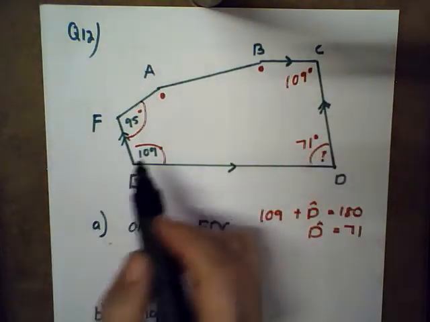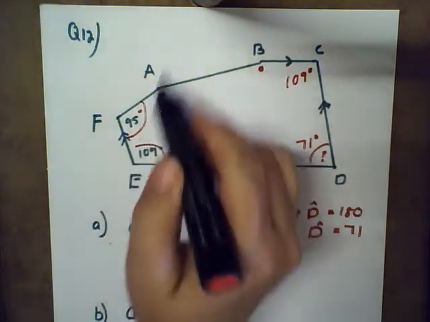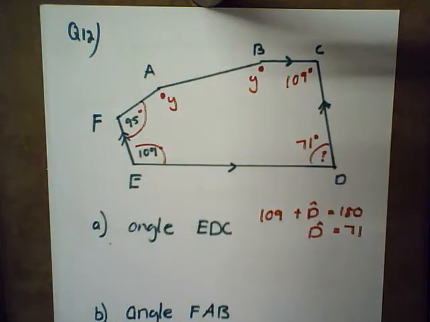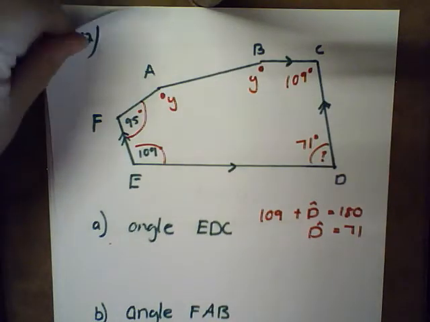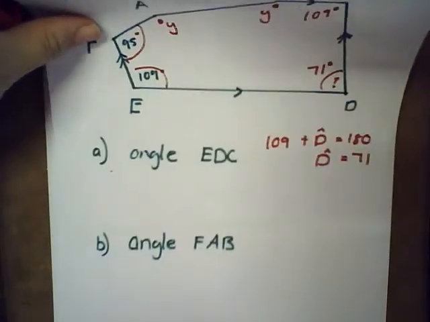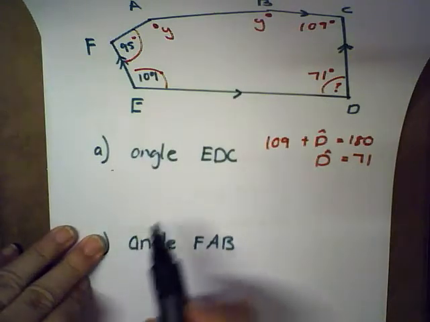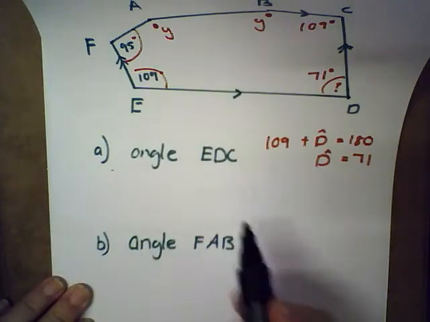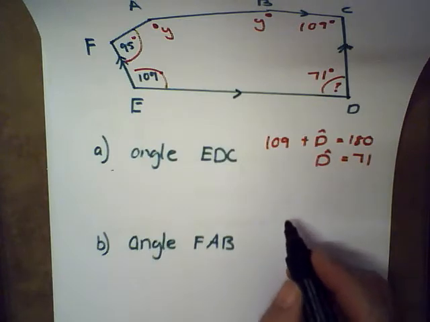Now we are only left with these two, and we can call them y and y, and if I add them up, I should get the sum of the interior angles of this hexagon. It is a polygon in any case.